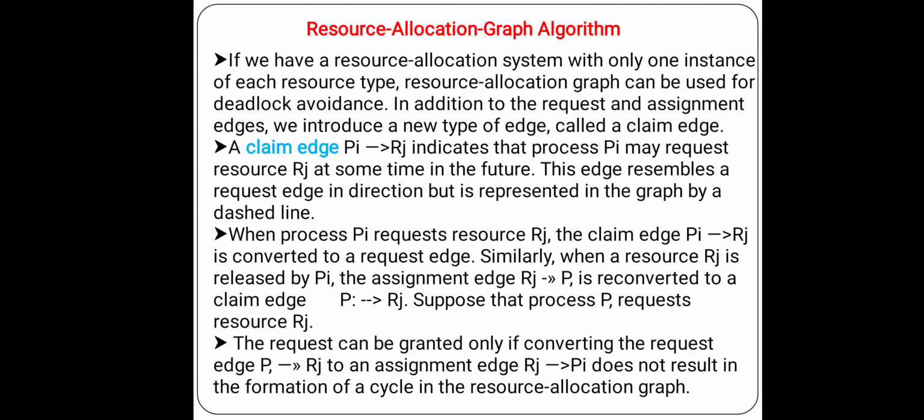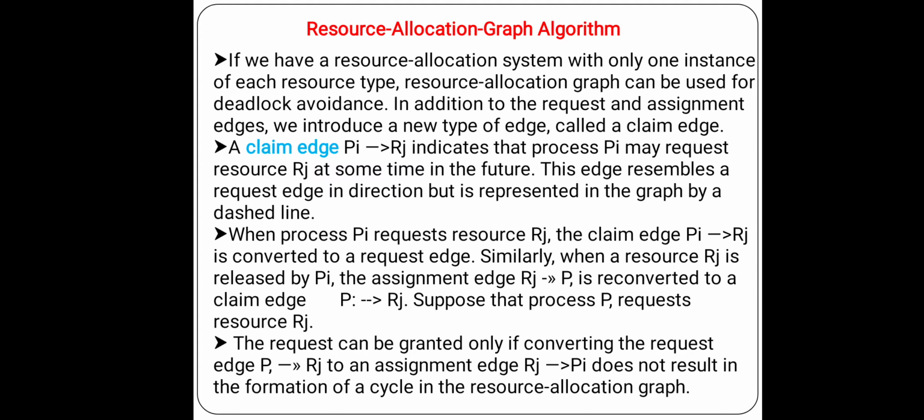This is a very important point. Whenever you request a resource, before that resource is allocated to that particular process, it must check whether that assignment forms a cycle or not.